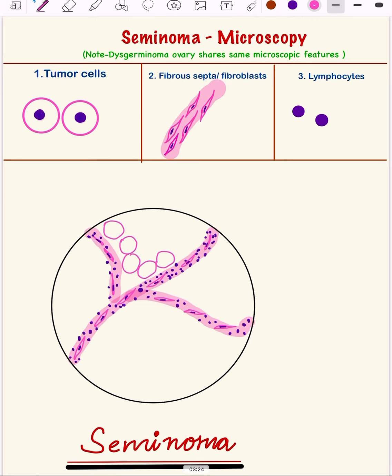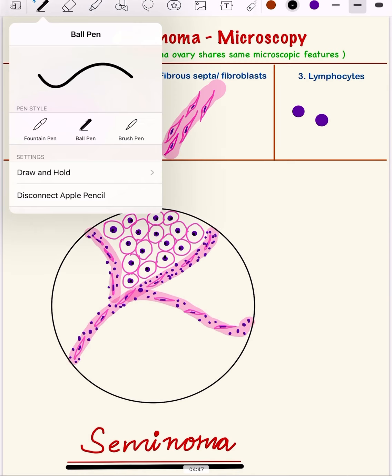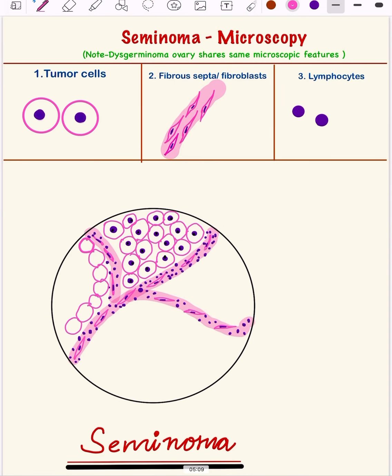Next you draw the tumor cells. So I told you earlier that these are just rounded cells, and they have central nucleus and abundant clear cytoplasm, and you can make nucleoli in the center of the nucleus. So this is how you make the tumor cells. Now in other lobule again you make these tumor cells. So tumor cells, they are arranged in the form of lobules or sheets, and they are separated by this fibrous septa.